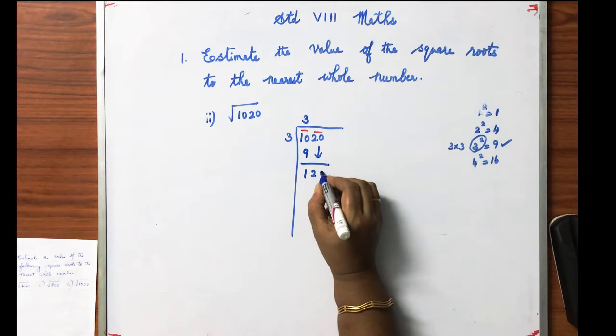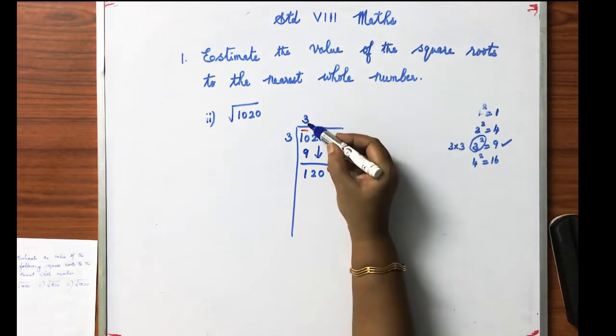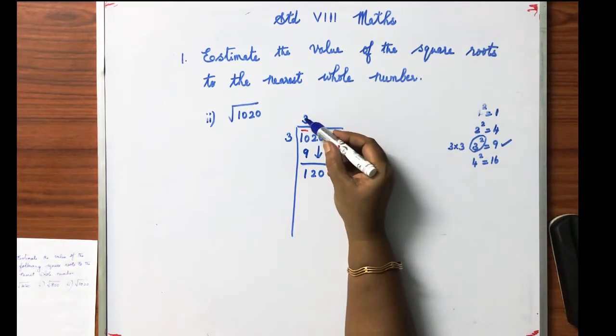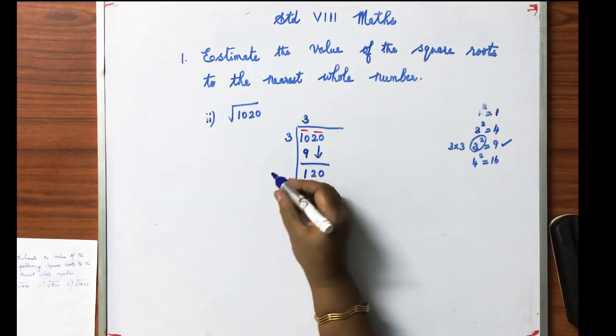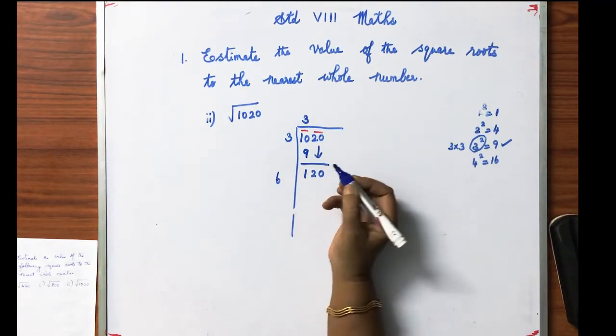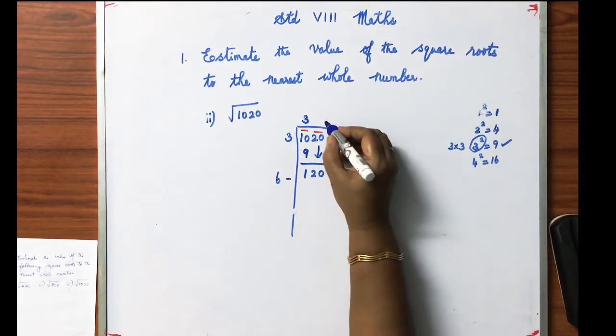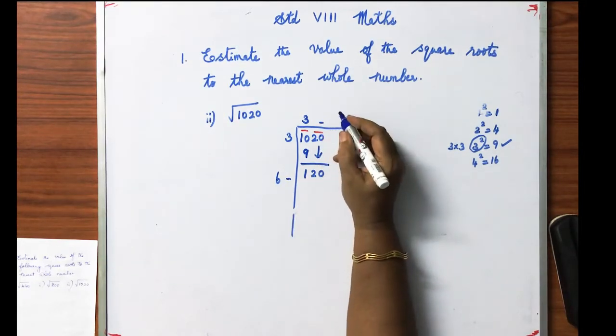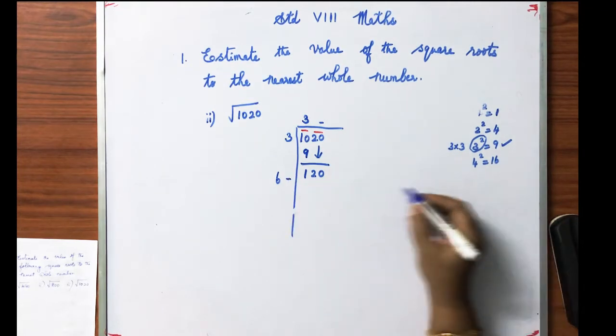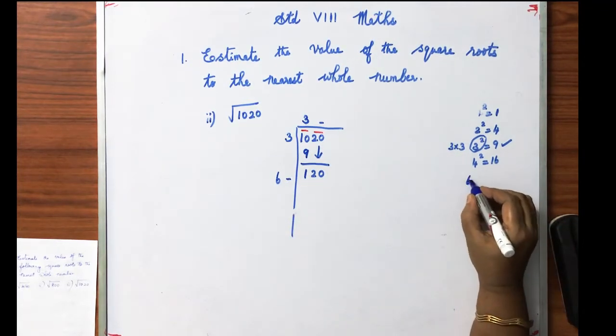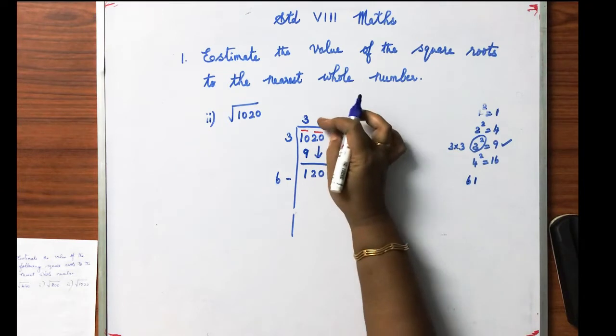So 20. Next we should multiply this quotient by 2. So 3 into 2 we will get 6. Now we have to find out the number. Same number should be written on the top. Suppose if you write 1 here, 61, the same number should be written on the top.